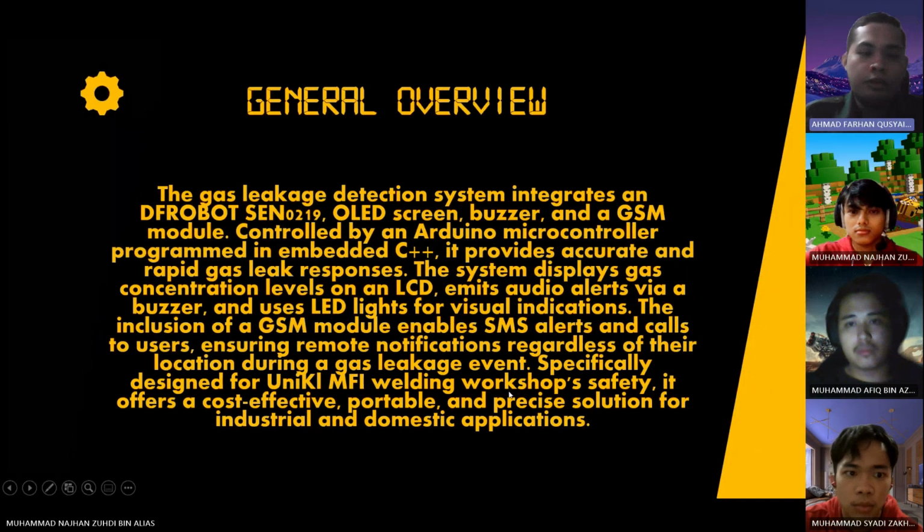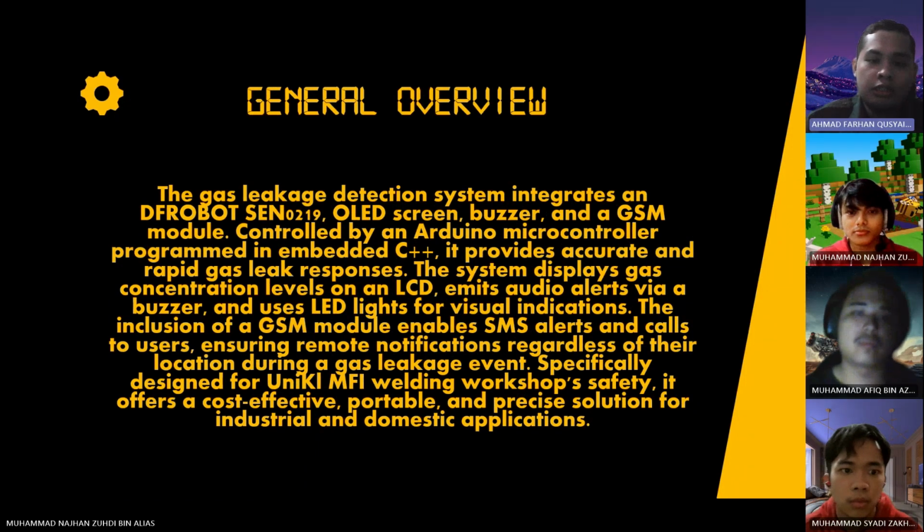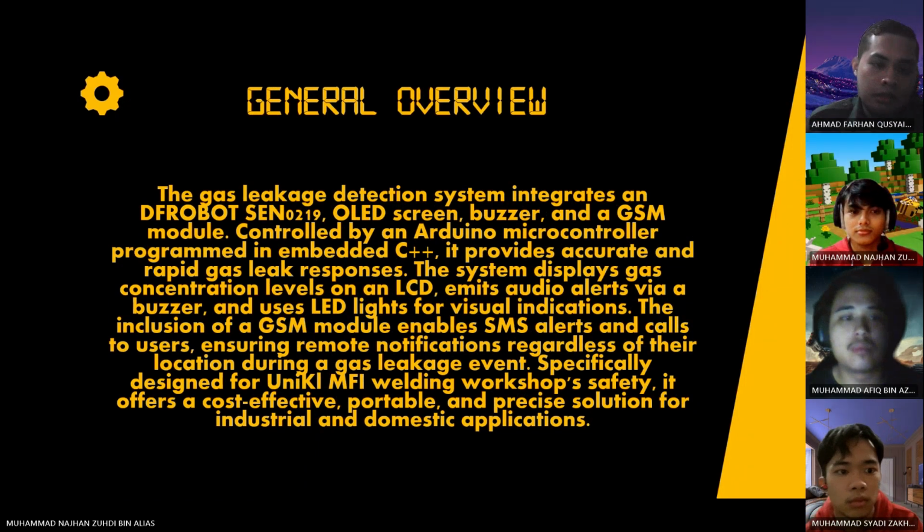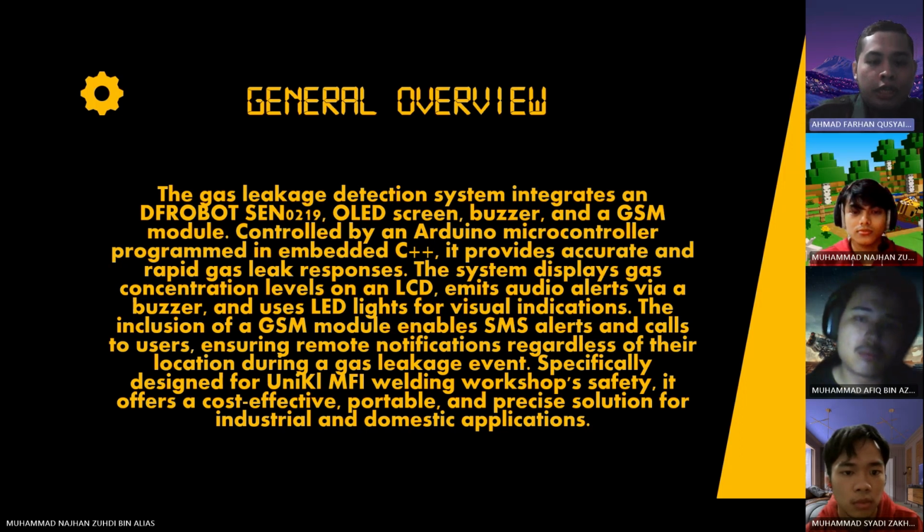Okay, for a general overview, the gas leakage detection system integrates a DFRobot SEN0219 sensor, OLED screen, buzzer, and a GSM module, controlled by an Arduino microcontroller programmed in embedded C++. It provides accurate and rapid gas leak response.